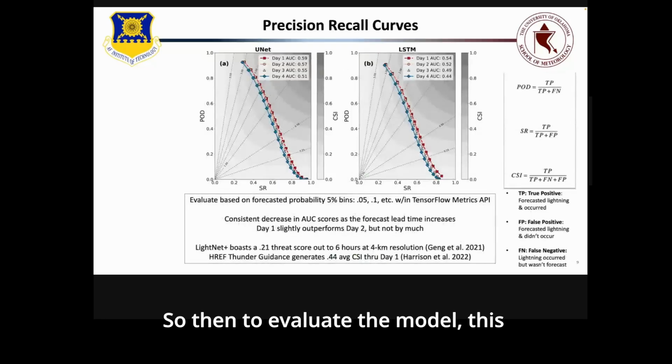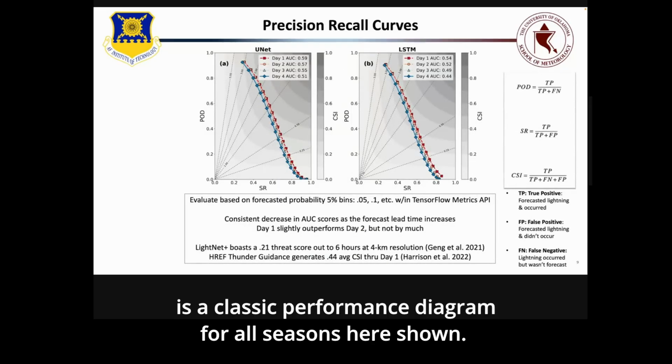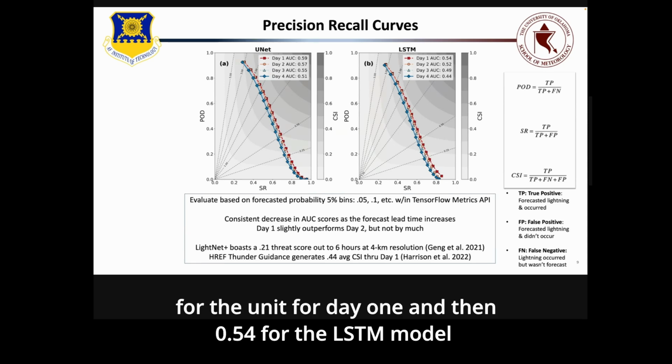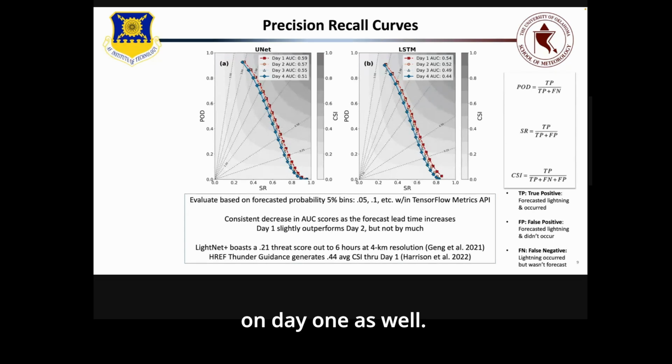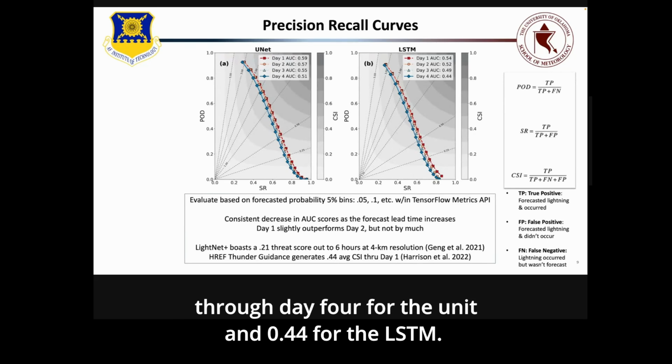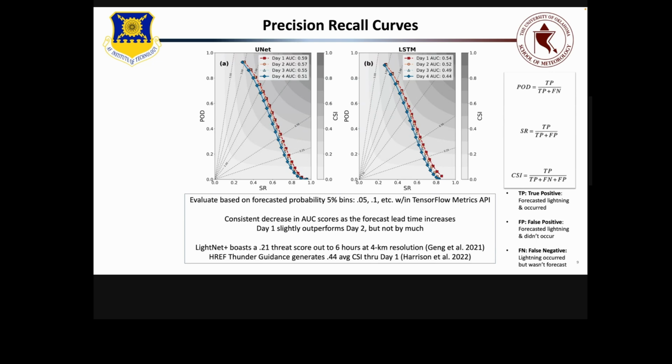So then to evaluate the model, just a classic performance diagram for all seasons is shown here. We see area under the curve of about 0.59 for the unit for day 1, and then 0.54 for the LSTM model on day 1 as well. And then we do see the decrease down to about 0.51 through day 4 for the unit, and 0.44 for the LSTM.